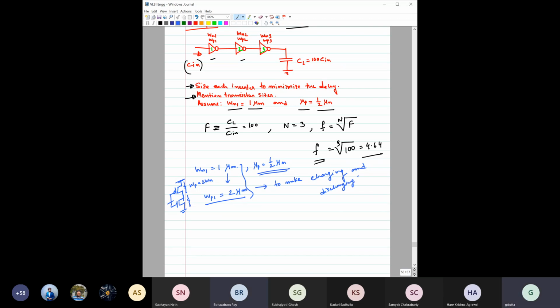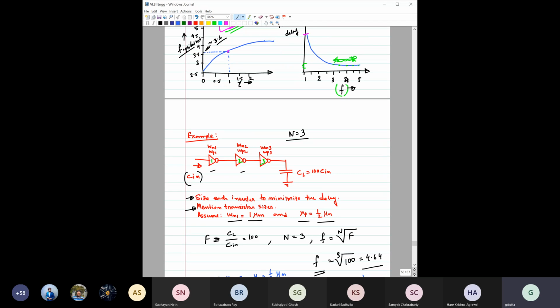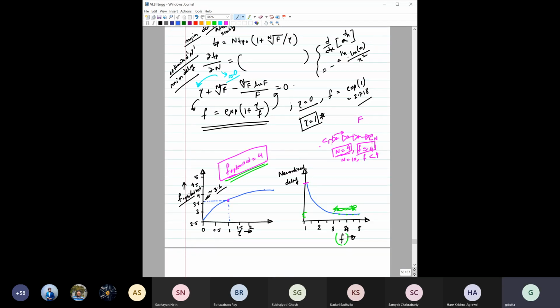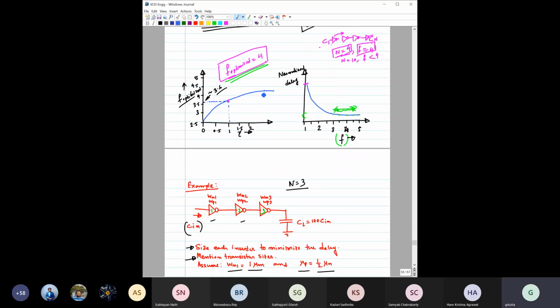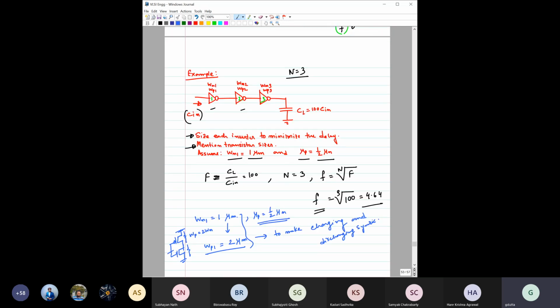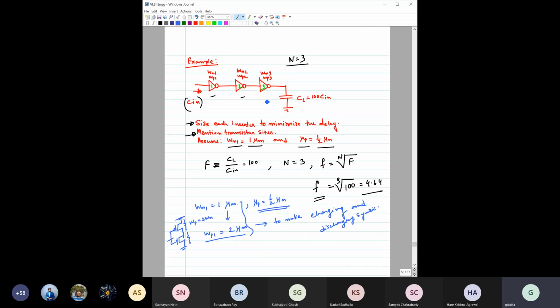Sir, can't we use beta equals root R for that minimum delay? Beta optimal equals root R. What is the beta here? In PMOS and NMOS, earlier we were discussing that it should not be mu p by mu n, but the root of that.